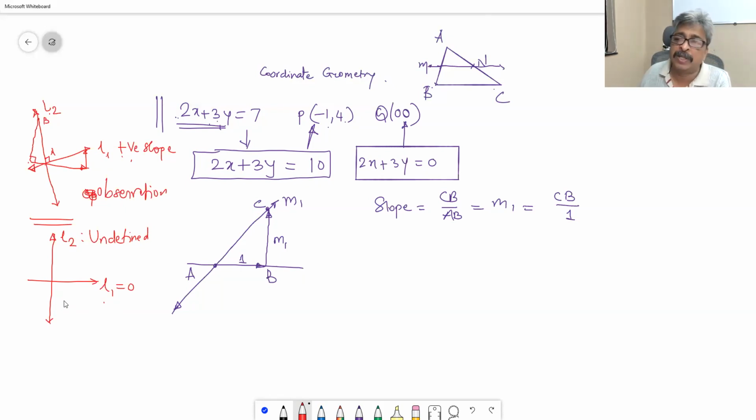Case 2: if L1 has slope equal to 0, L2 is parallel to the y-axis. Case 3: if L1 is parallel to the y-axis, the slope of L2 is going to be 0. Easy. Okay. So now here, what I am going to do is, line L1 has slope m1 and line L2, which is perpendicular, has slope m2.